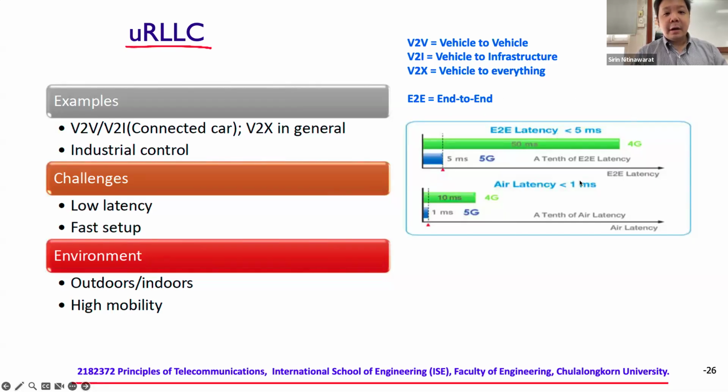Okay, this is a picture of the latency. Basically, when we talk about 5G, we should aim for the air latency to be at the minimum of 1 millisecond, because remember, for the end-to-end application, there will be more subsequent latency that are added up. So if you target 1 millisecond for air, then it will improve the end-to-end latency for the final application as well.